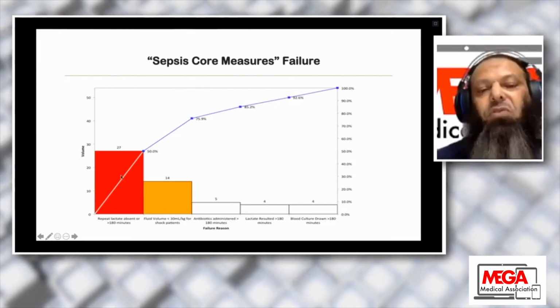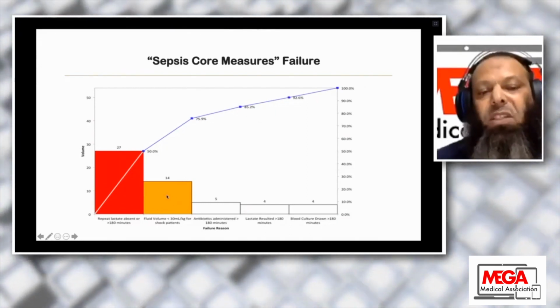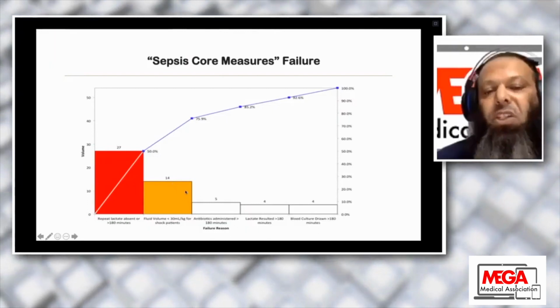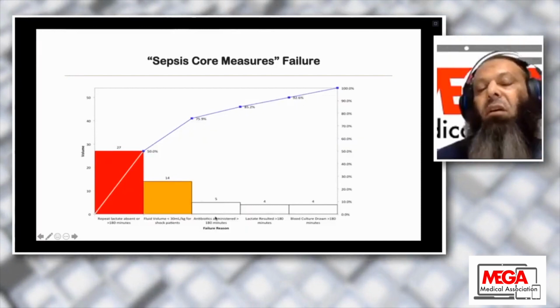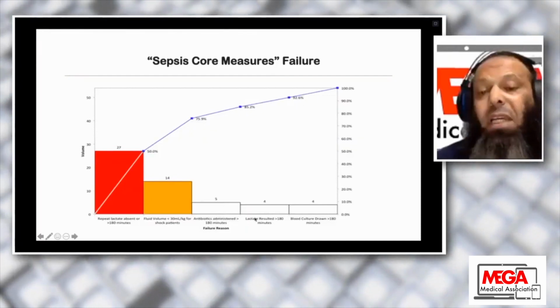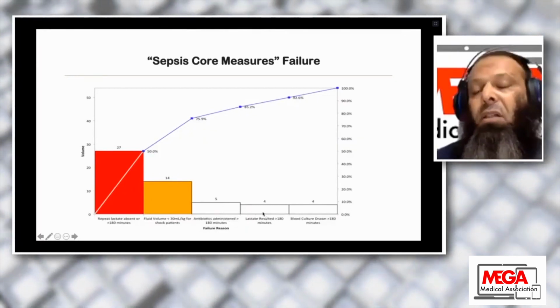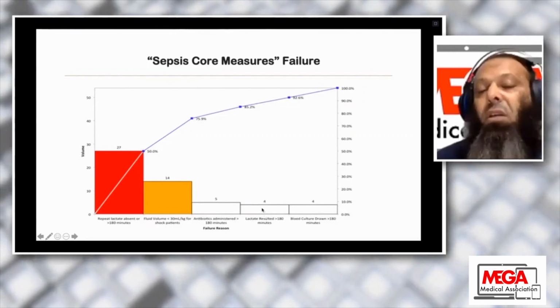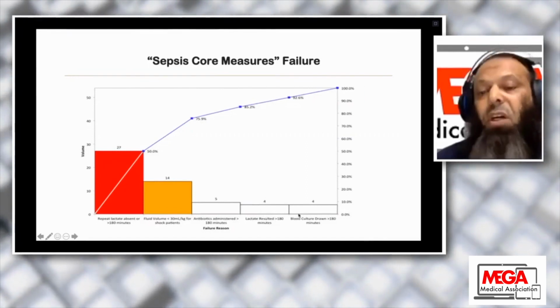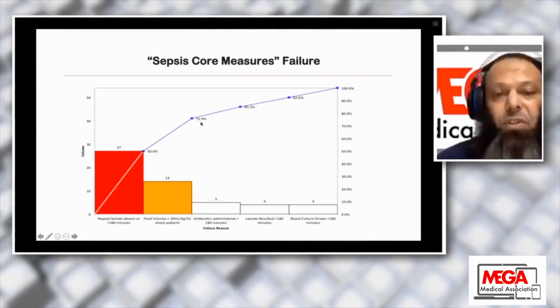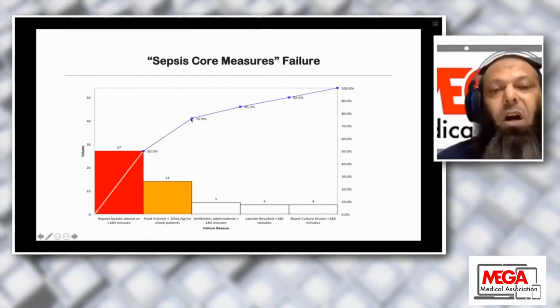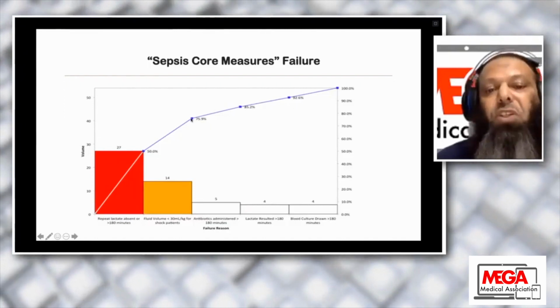Here is lactate measurement repetition. Here is fluid administration less than 30, antibiotic administration more than 2 hours, lactate result in more than 3 hours, blood culture drawn more than 3 hours. So this is the failure analysis of the sepsis score measures.